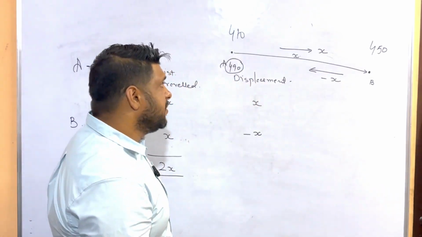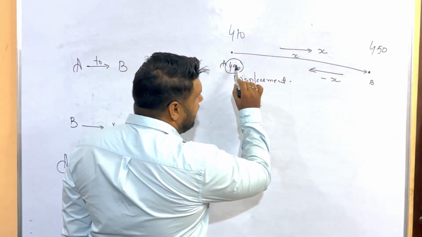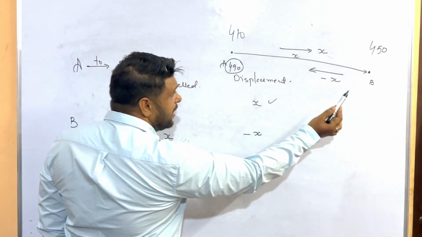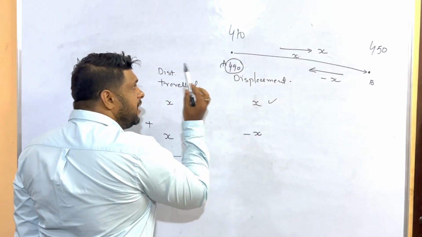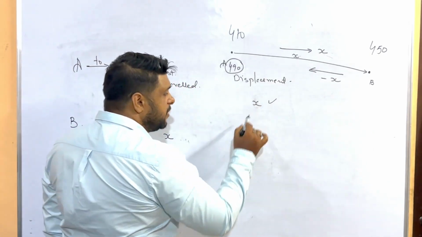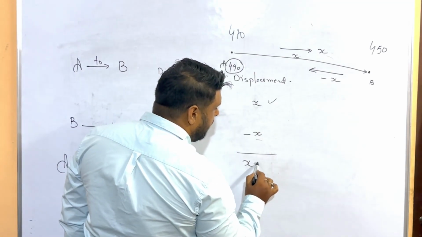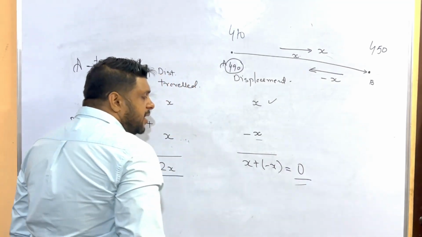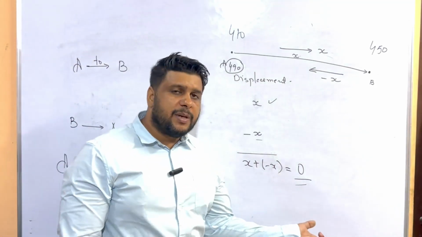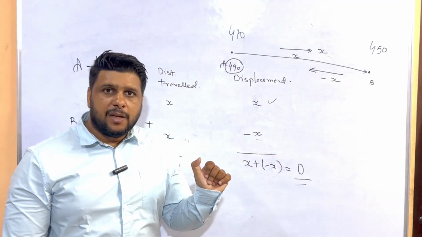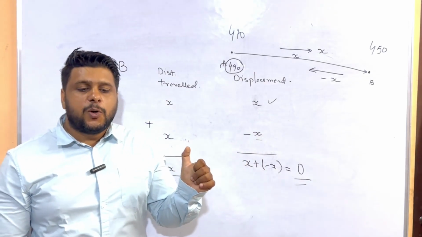In this direction I traveled x kilometers, and when I am moving from that movie hall to my home, I again traveled x distance but in the opposite direction. So when I add this up, x plus minus x, it becomes 0. This is the reason why we say that the displacement can be 0, it can be negative, it can be positive. I hope it is clear to everyone.